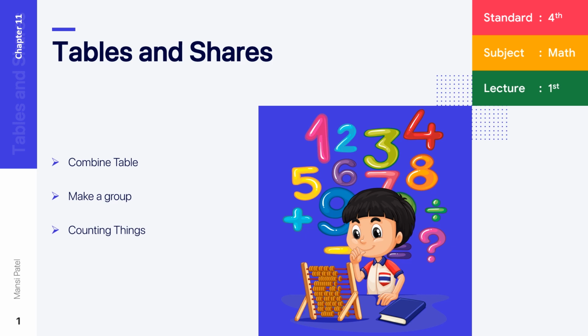Then after, counting things. And in the last, we are going to see, study and understand filling the blanks regarding the tables. So let us start our first topic, that is the combined table, or we can say the combination of tables.